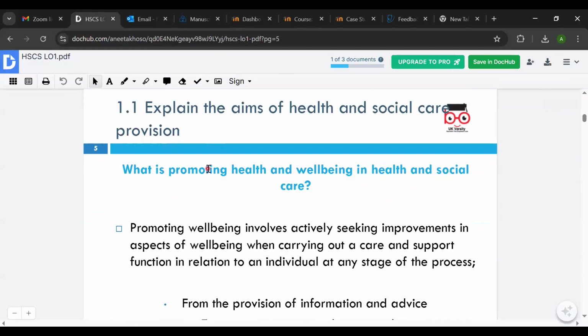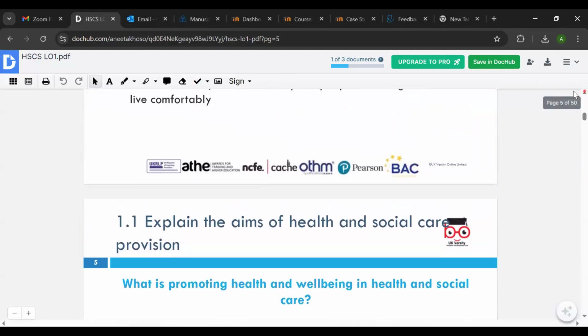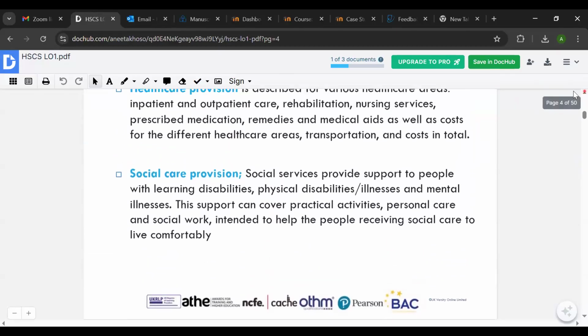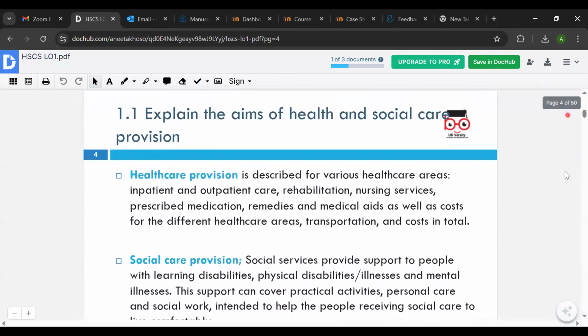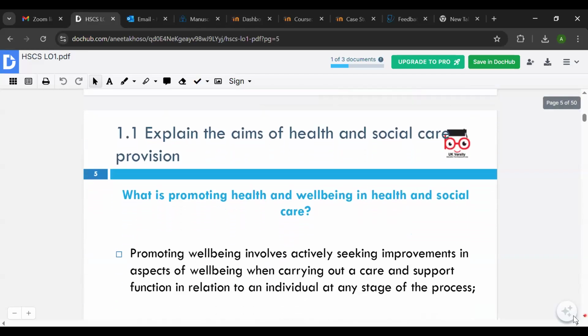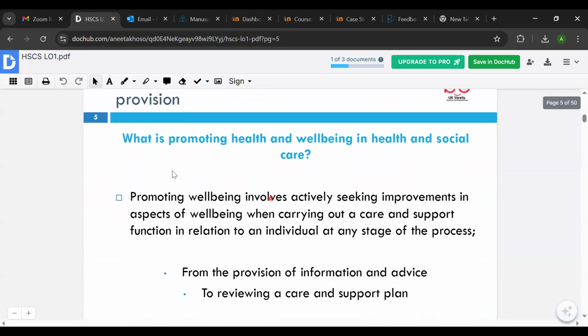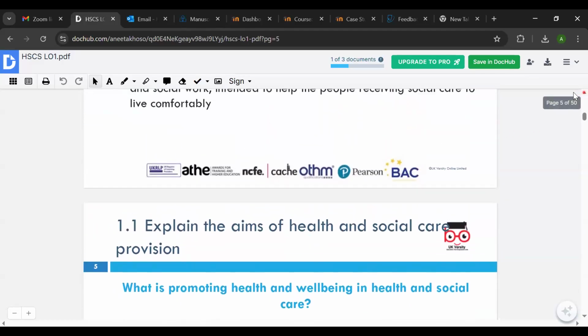Now we go on to explain the aims of health and social care provision. What do you think could be the aim of health and social care provision? Anyone there? We've talked about it earlier. What is promoting health and well-being in health and social care? What does it mean? Anyone?